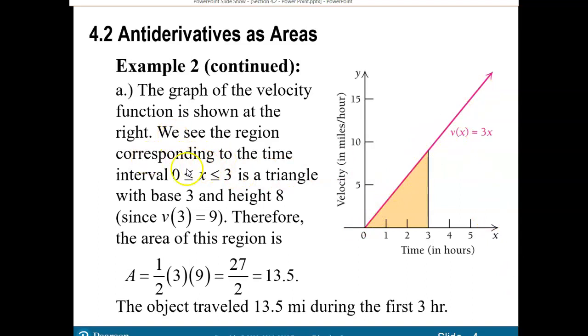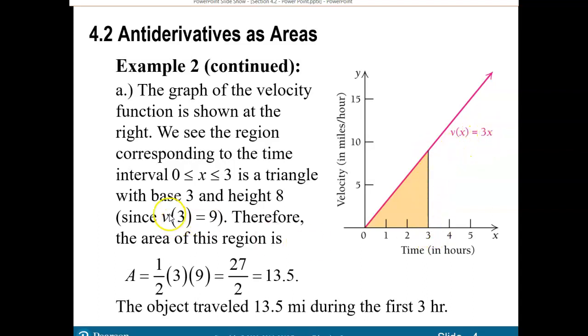We see the region corresponding to the time interval 0 to 3 as this triangle. For x values between 0 and 3, we cut off our endpoint at 3, and we have a triangle. The base of the triangle is 3. The height of the triangle we find by taking 3 as an x and plugging it into our function. So 3 times 3 gives me 9.